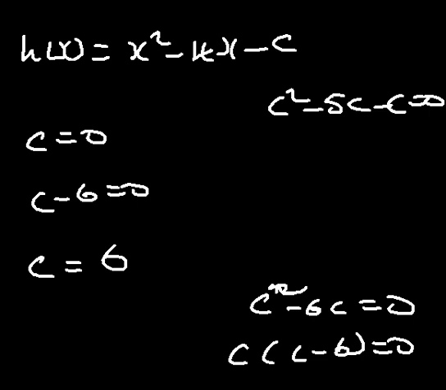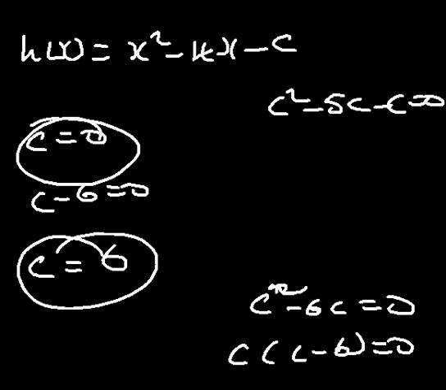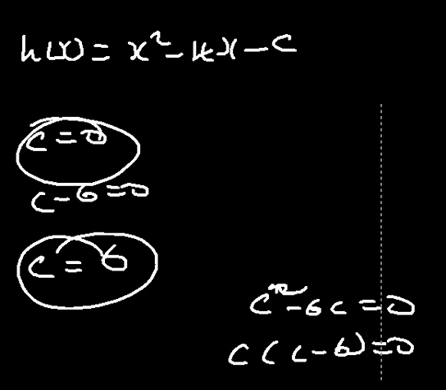Since we are told to evaluate the non-zero values of c, the solution will be 6, not 0, because the condition was that the value should be non-zero. Non-zero means the value should not be equal to 0. That's what it means there.